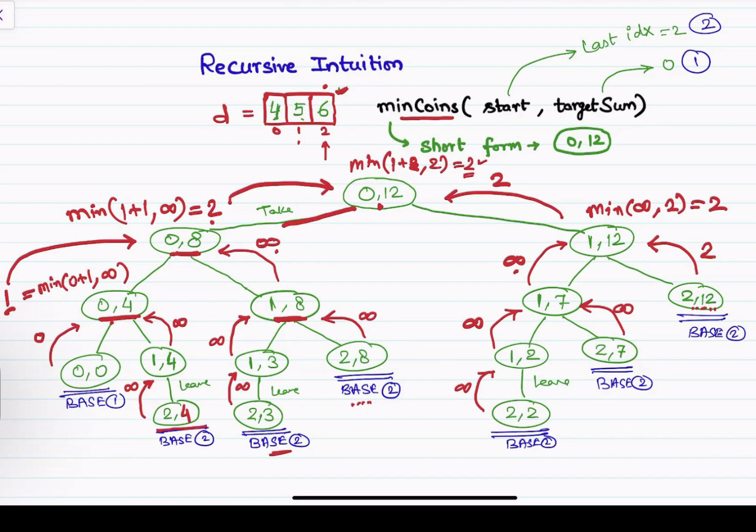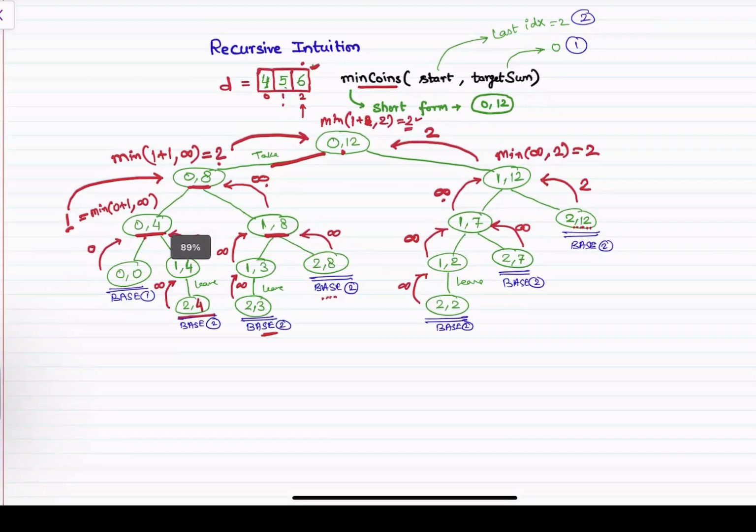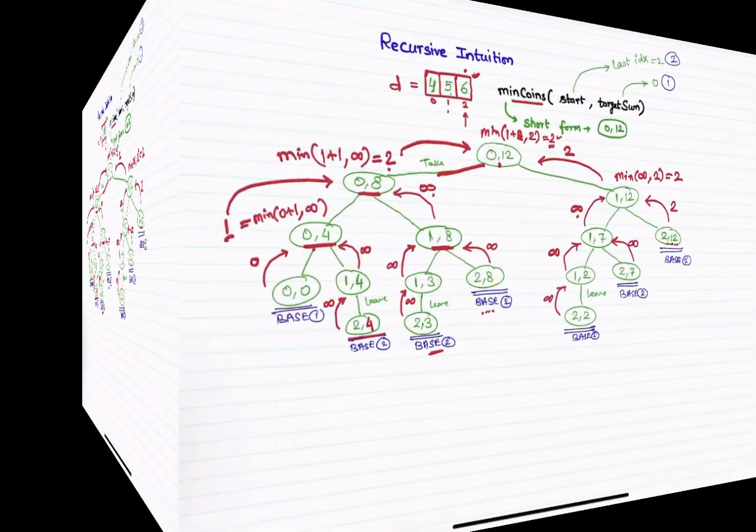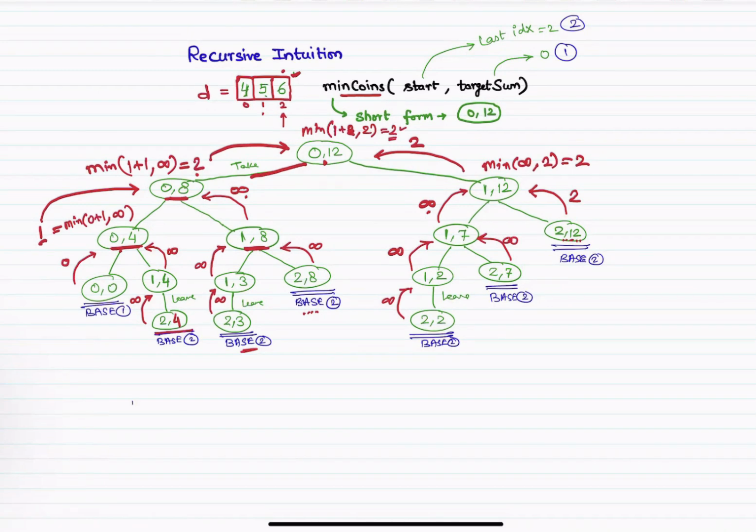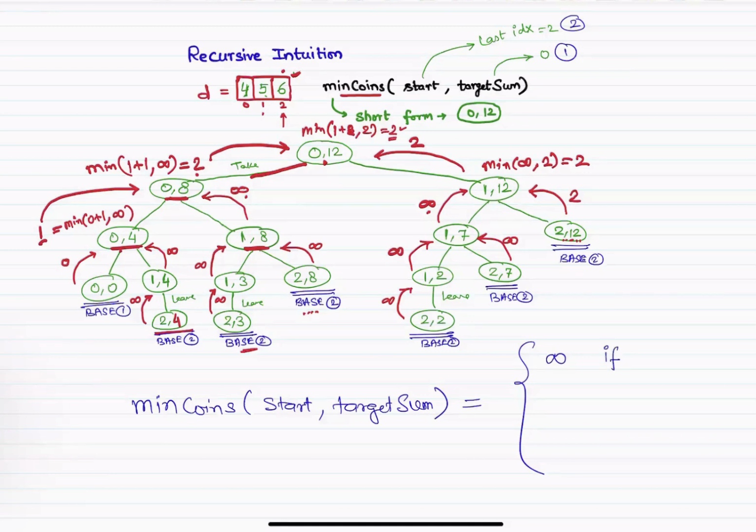Now, the same thing we need to formulate as a recurrence relationship. Let's write that recurrence relationship. It will be defined by multiple things. It would be infinite if both taking and leaving return infinite.